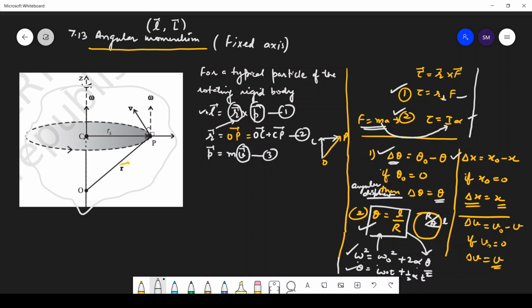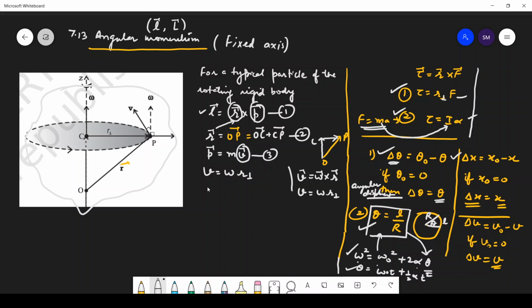I want to write L, but for that I need r and p. So r I have got, but for p I again have the velocity vector. So what is v? You know that v is equal to omega cross r, and the magnitude of v is equal to omega r perpendicular. So that's the value of v, the magnitude of this linear velocity.